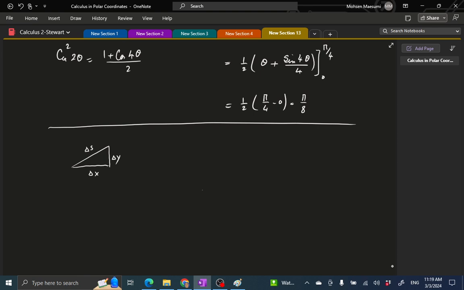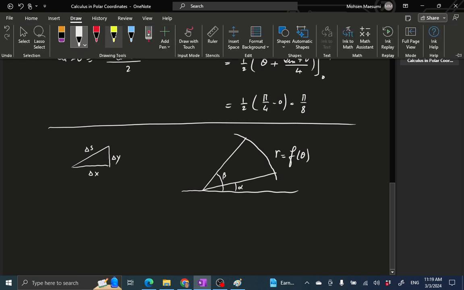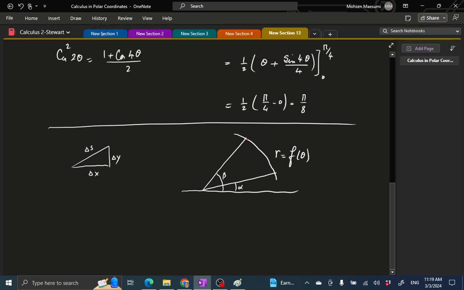Now we have some kind of a curve that is described to us as a function of theta, and we want to go from some starting angle to some ending angle. So this is our setup. Again, alpha is the smaller angle, beta the bigger angle, and we want to find out how long this curve is. That's our objective.